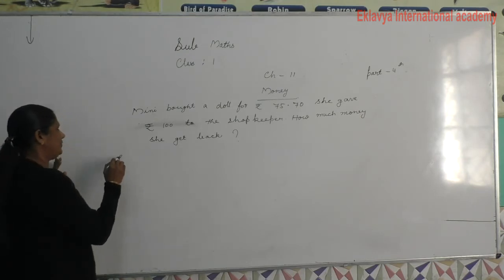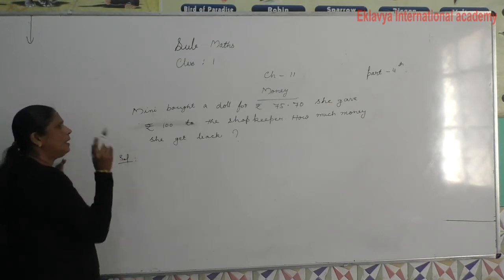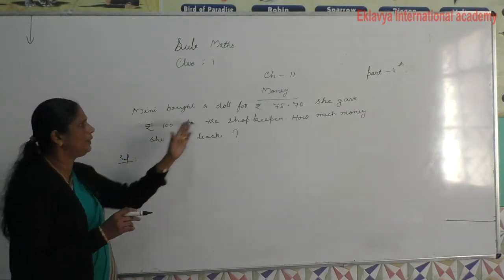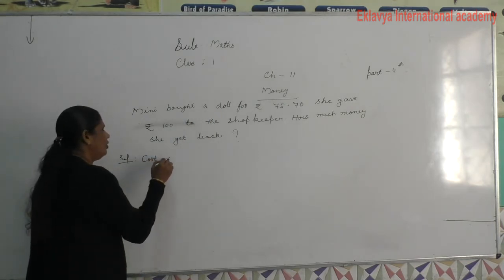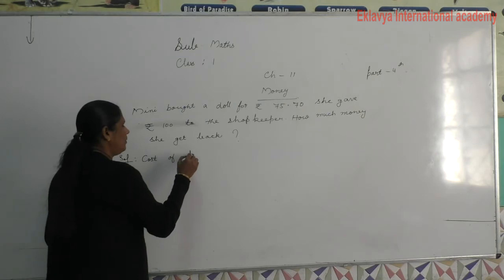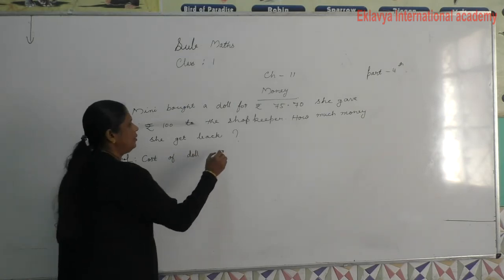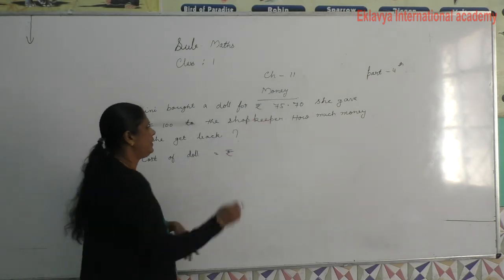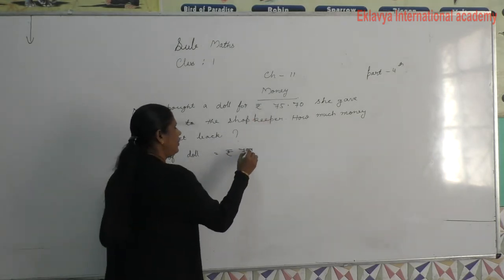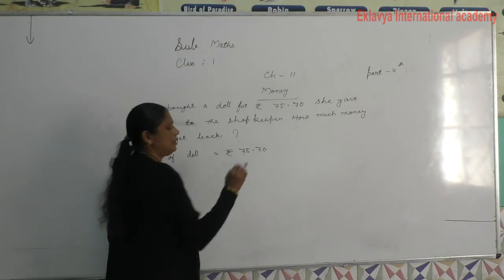Then solution. Cost of doll is equal to rupees 75.70.